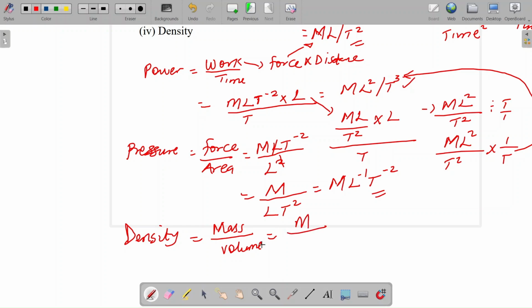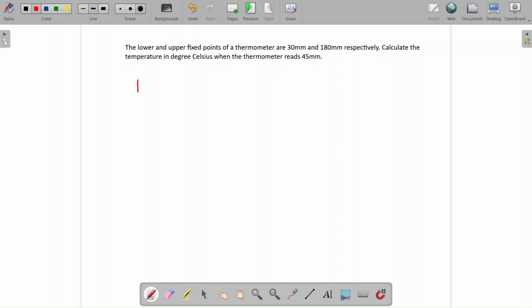M is mass, volume is meters cubed, which can be L cubed. L cubed, that is length cubed, will be the volume of a thing. So in this case, it's still the same thing as m L minus 3.